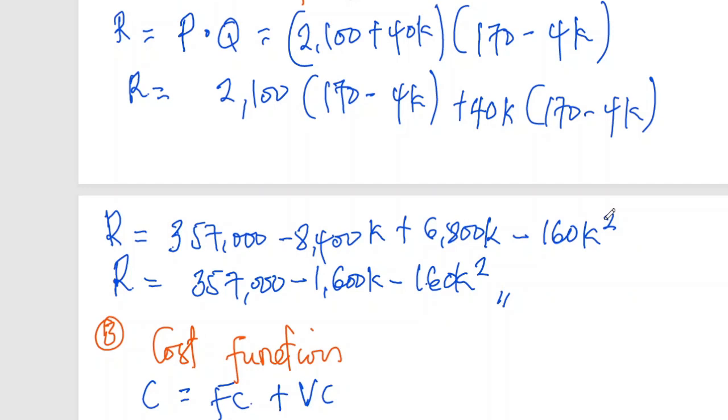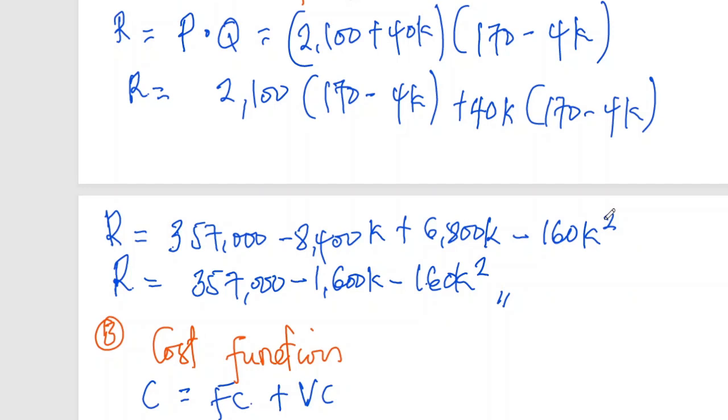You put the price in a bracket and the quantity also in a bracket. So 2,100 will multiply the bracket of 170 minus 4k, and the 40k will also multiply the same bracket. So we have 2,100(170 minus 4k) plus 40k(170 minus 4k).